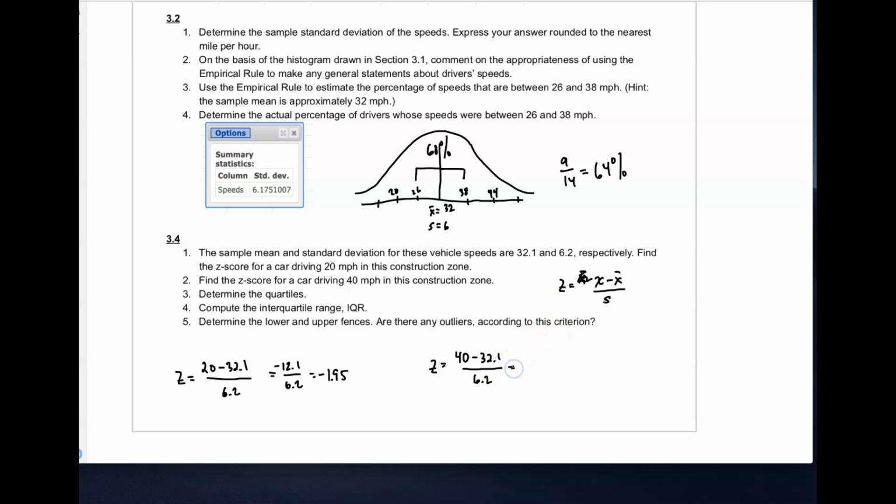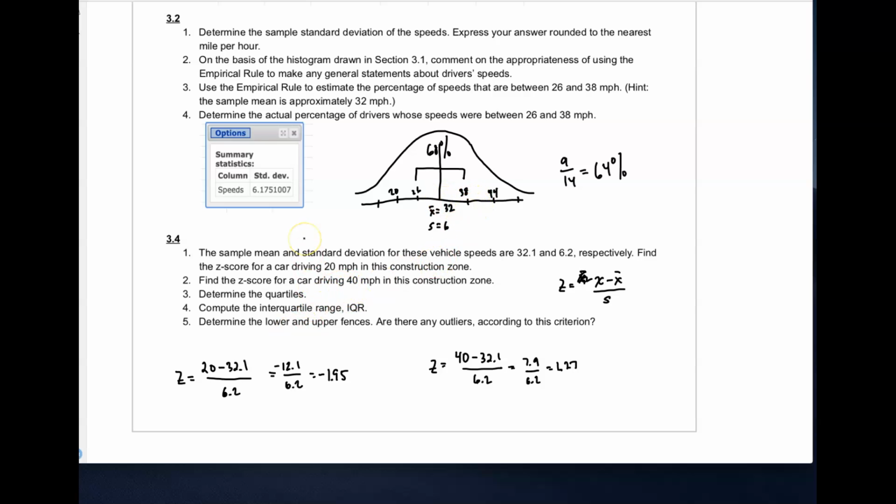So you get 7.9 divided by 6.2. This one's 1.27 standard deviations above, right? Because each one of these is 1 standard deviation.